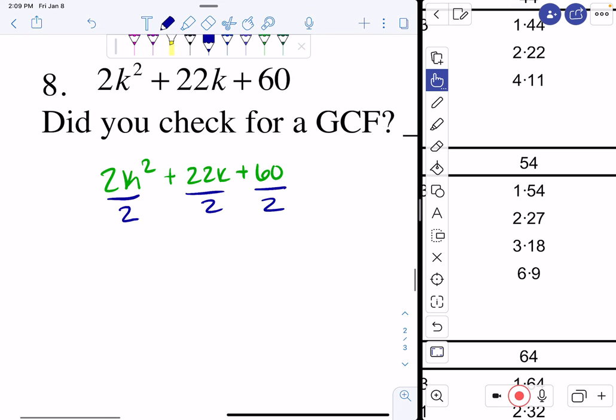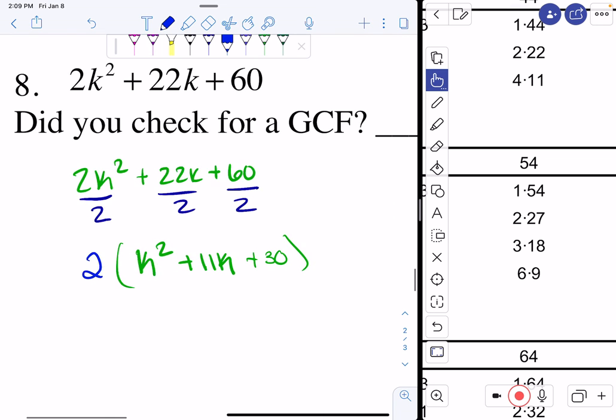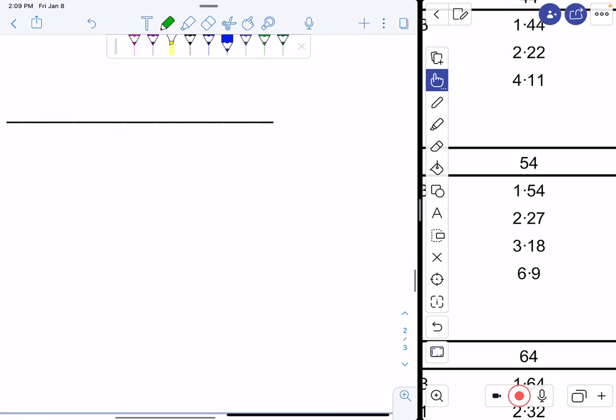2 divided by 2 is 1, so I get 1k squared. 22 divided by 2 is 11, so I get 11k. And then 60 divided by 2 is 30, so I get a 30. Make sure you put that 2 in front of your parentheses because that's your GCF. I now want to factor k squared plus 11k plus 30. So I want to add up to 11 and multiply to 30.